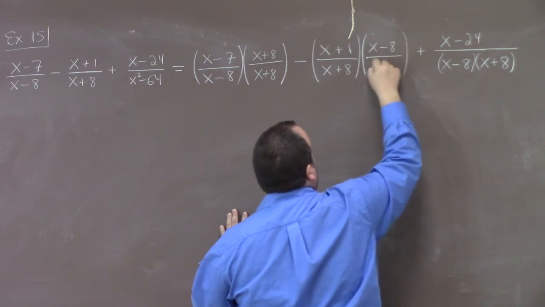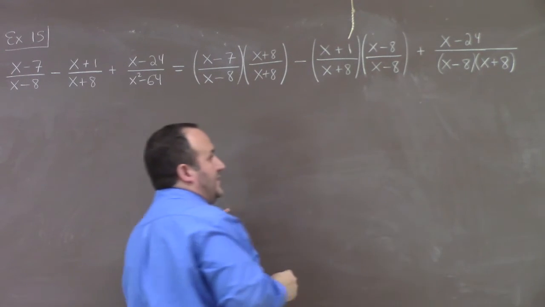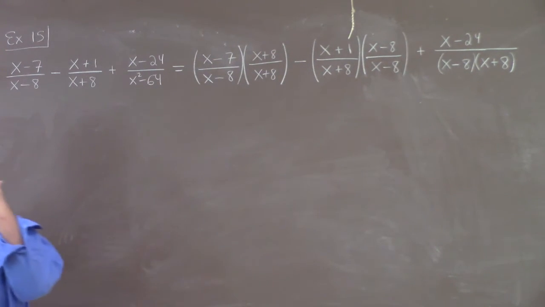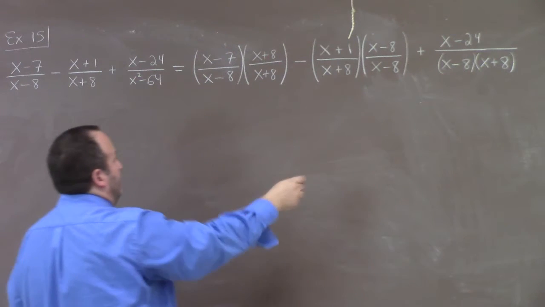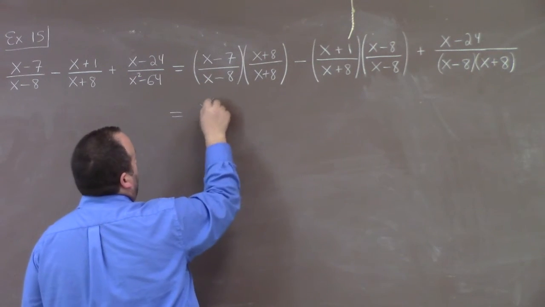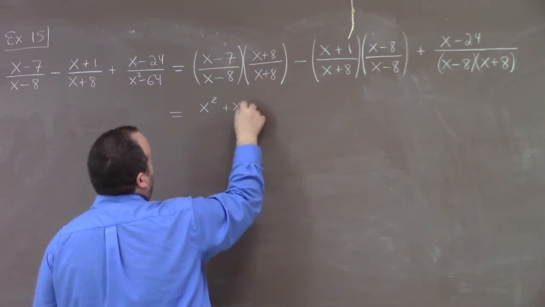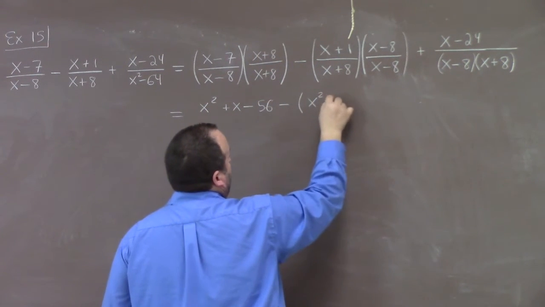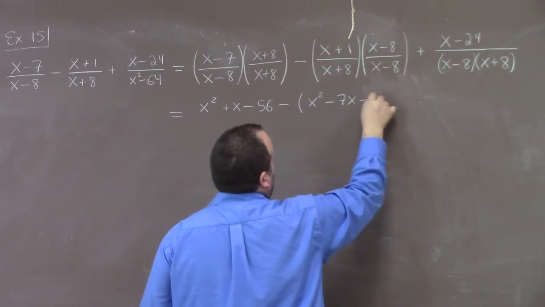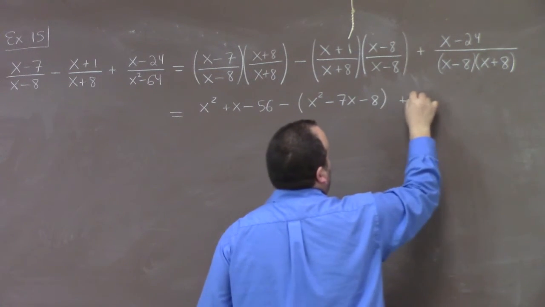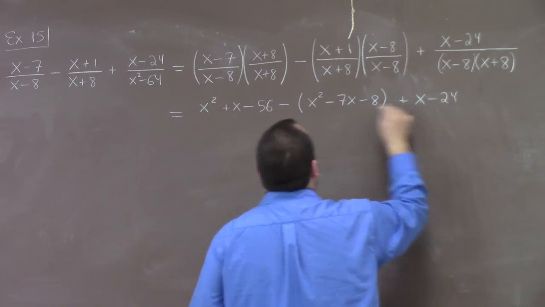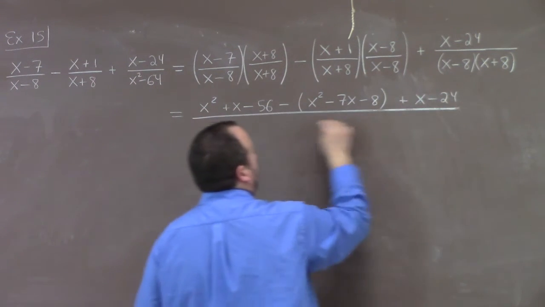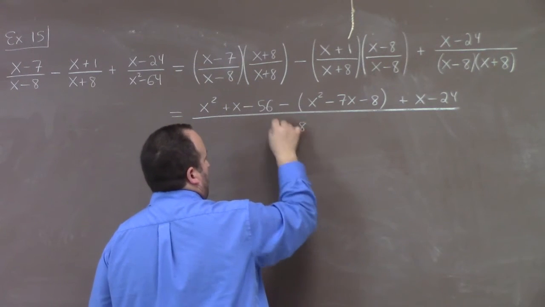Okay, x plus 8 over x plus 8, and x minus 8 over x minus 8. So again, the strategy here is we need to figure out what we can multiply the fractions by to make the common denominators match up. The denominators match up, right? And now we multiply. So we've got x squared plus x minus 56 minus, in parentheses, x squared minus 7x minus 8, plus x minus 24, all divided by x plus 8 times x minus 8.